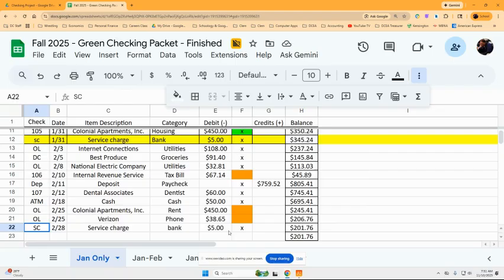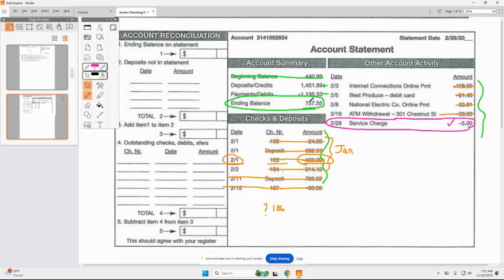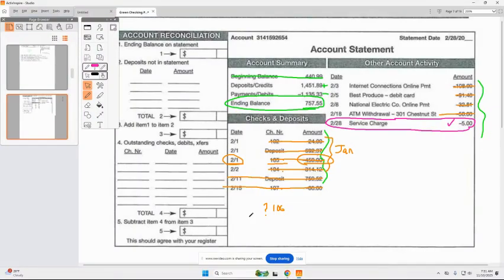Here is our adjusted balance, what we think is supposed to be sitting in our checkbook after all the things have cleared and after a service charge. We're at $201.76. The bank is at $757, right? But we've got 3 payments here that we know we made. The bank hasn't recorded them yet.